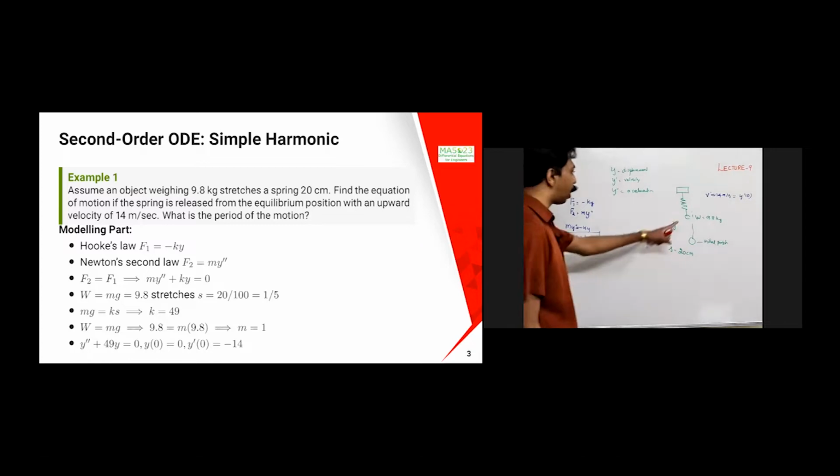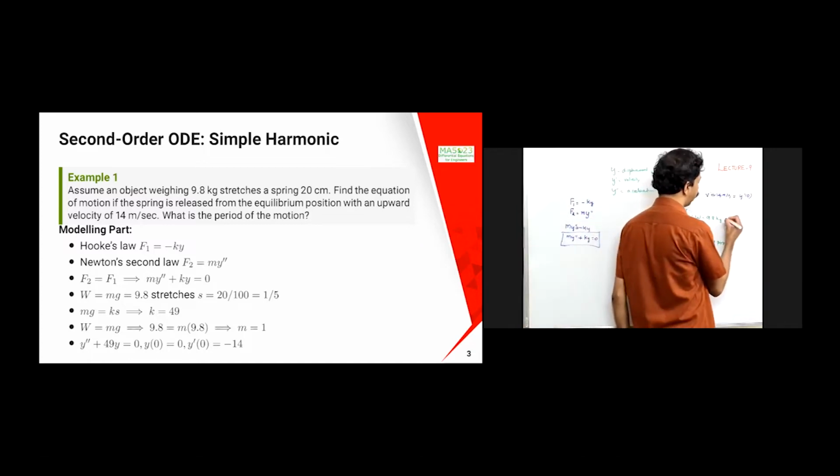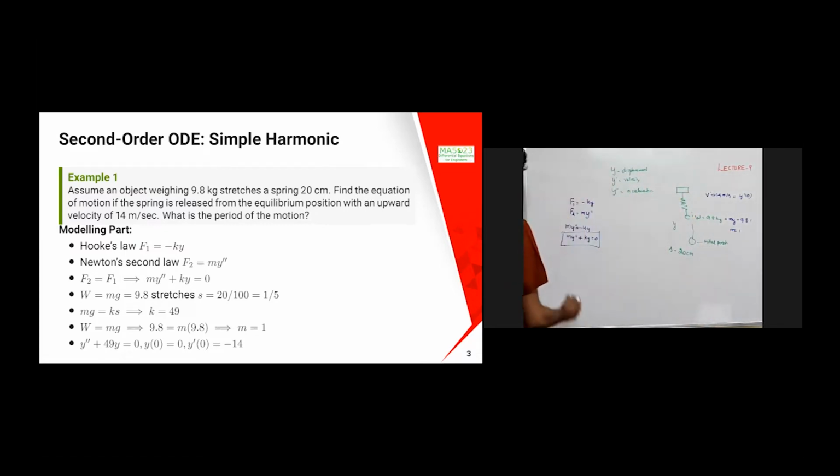It is given that w is equal to 9.8 kilogram. W is nothing but m into g, and g is 9.8. Therefore 9.8 into 1 is 9.8, so m is equal to 1. With m equal to 1, this becomes y double dash plus ky equal to 0.